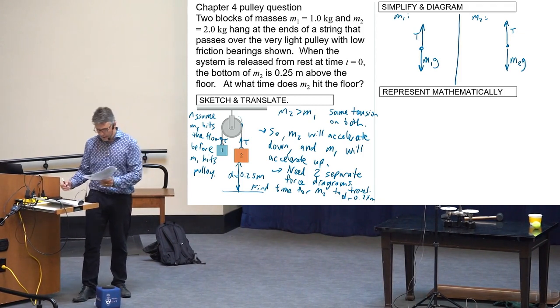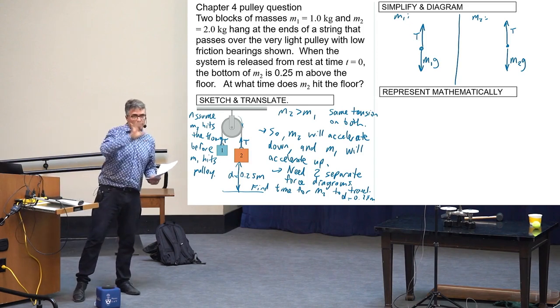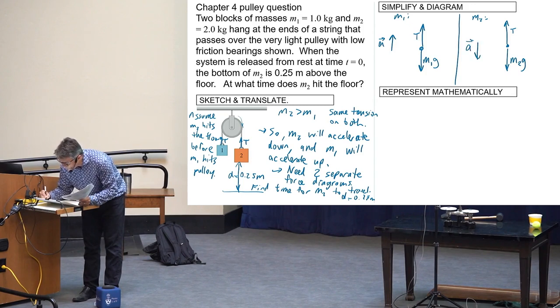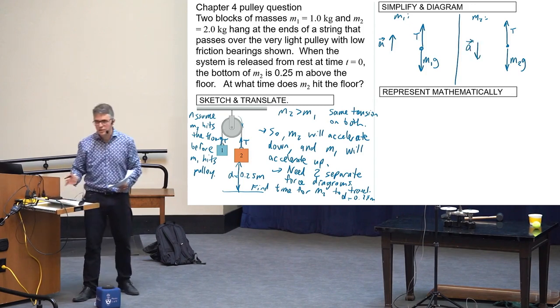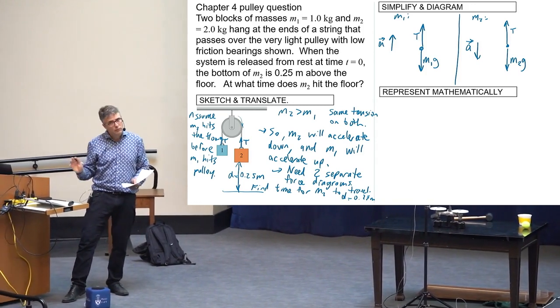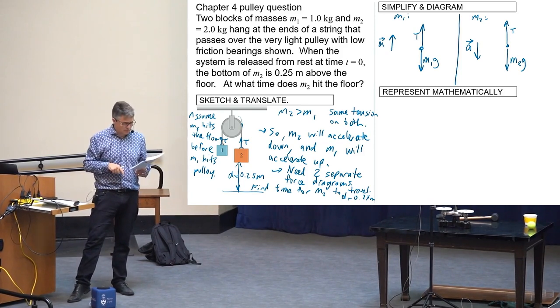The other thing I like to do for a force diagram is draw the acceleration somewhere nearby, and its direction. So M1 is the one going up, so the acceleration is upwards. And M2, the acceleration is going downwards. So it's the same tension in both, but different forces of gravity, and that's why the first one has an unbalanced force in the upward direction, and the second one has an unbalanced force in the downward direction.